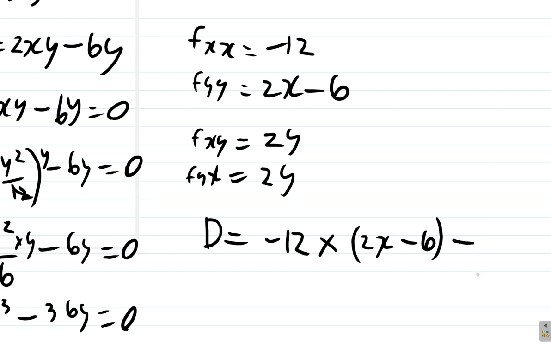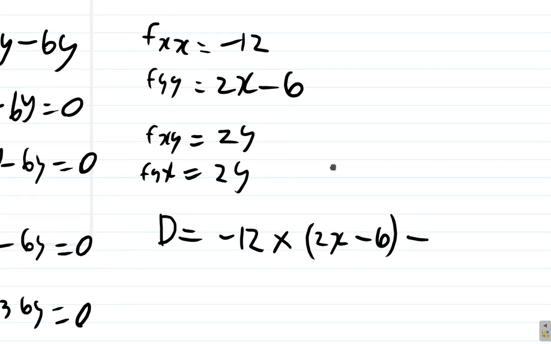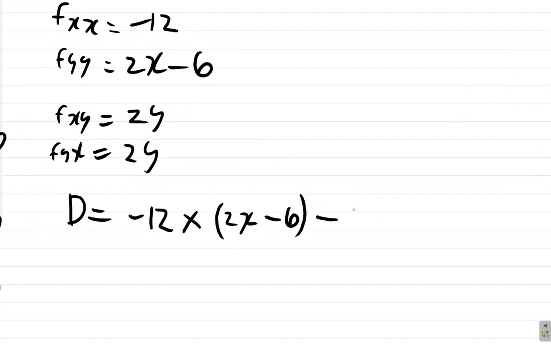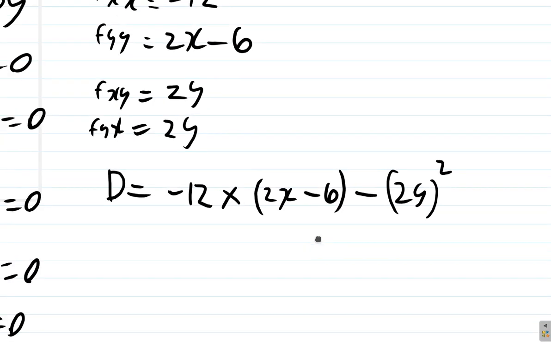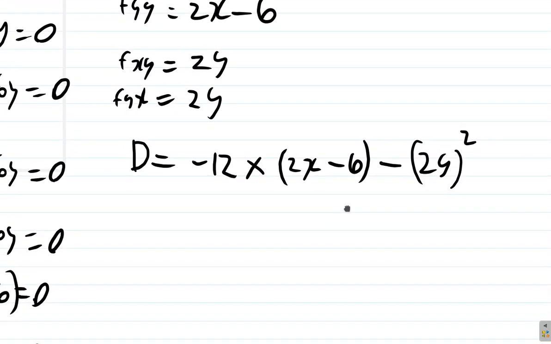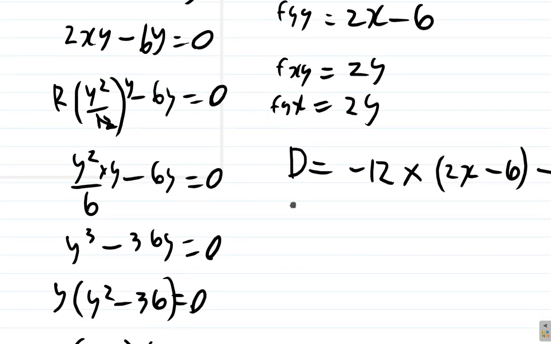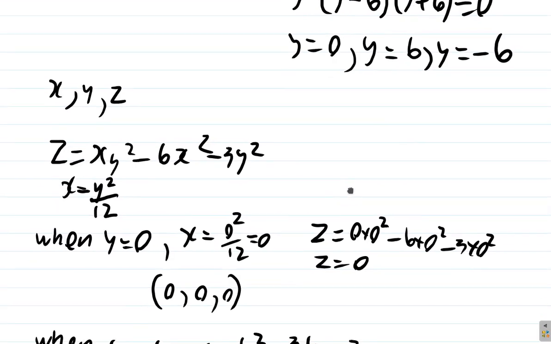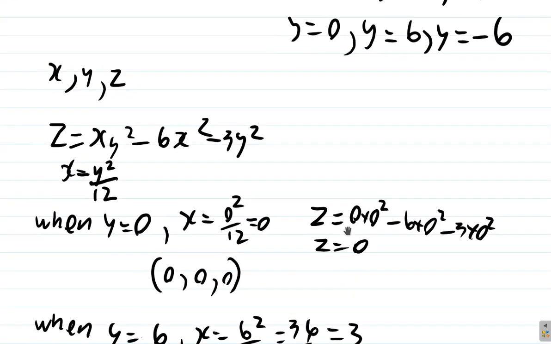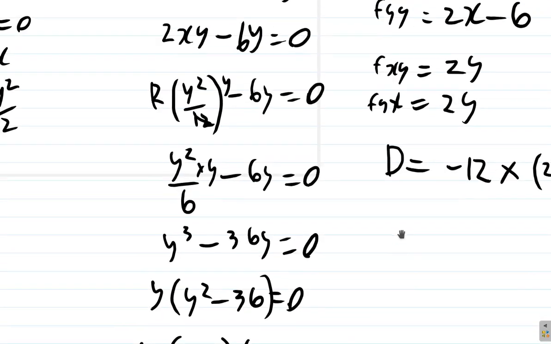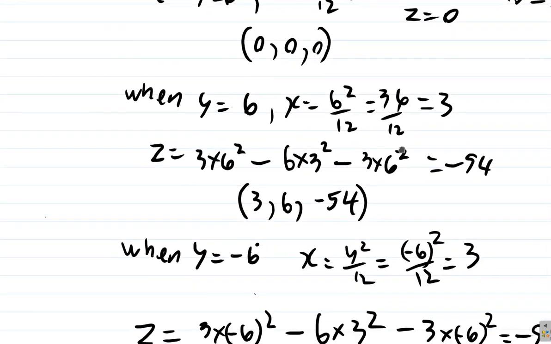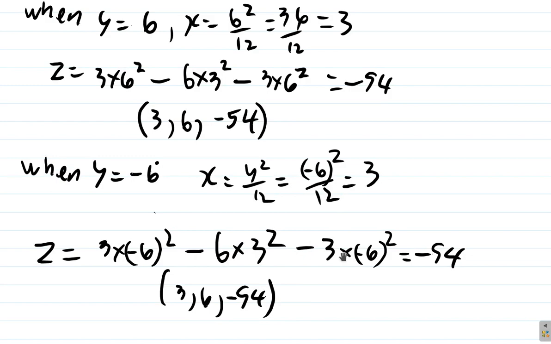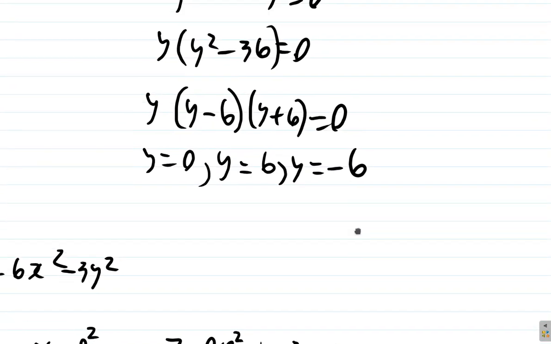Right? Minus fxy squared. So in this case, we have 2y squared. Now the (a, b) will be the values that we got first. What were the values? So here, when we solved and got these values, right?